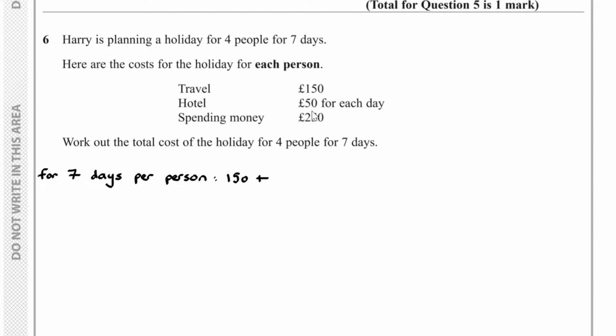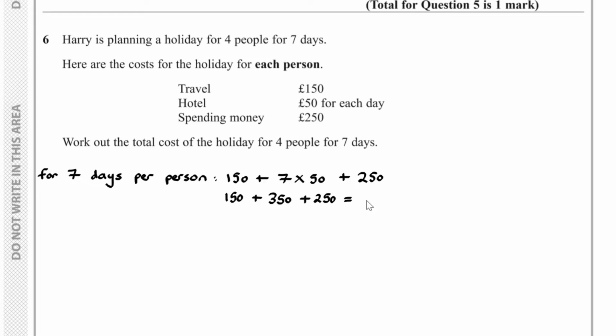The hotel costs £50 for each day, so for 7 days, the cost of the hotel will be 7 multiplied by 50. And then for the spending money, that's 250. So here we have 150 plus 350. 350 of course corresponds to the 7 times 50, and then we add on 250.